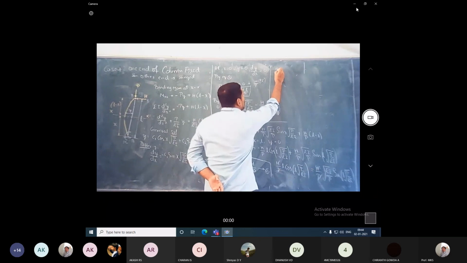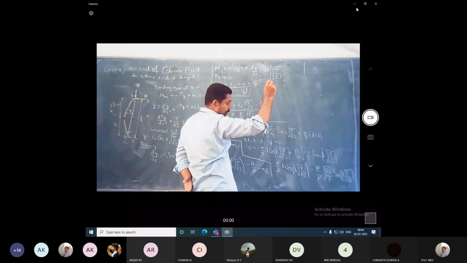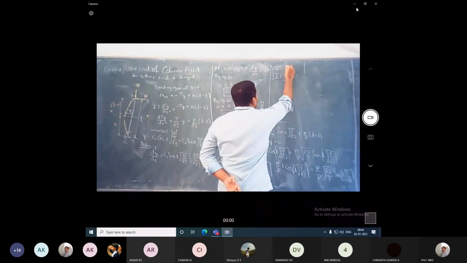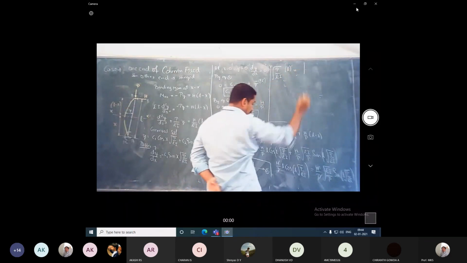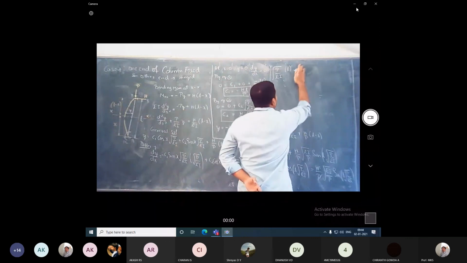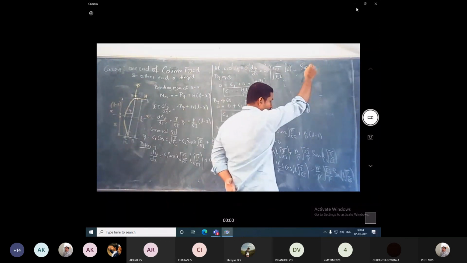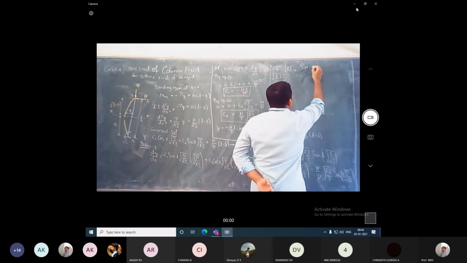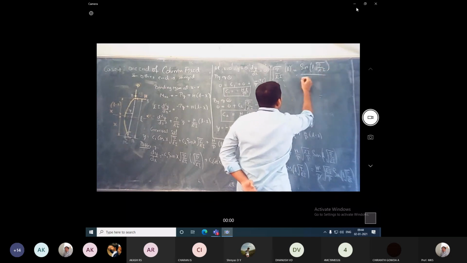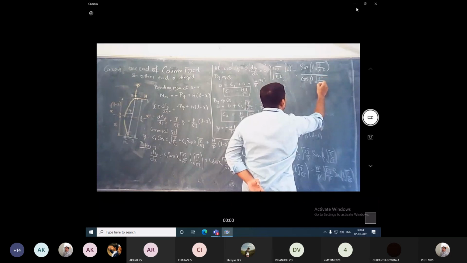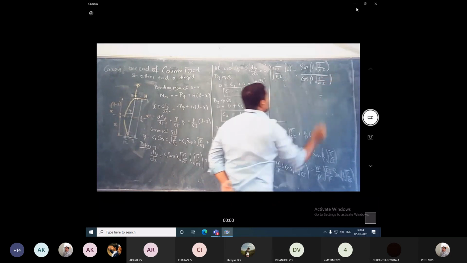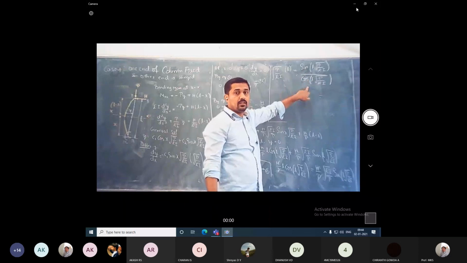So it will be root of p by EI into L will be equal to sin(L root(p/EI)) divided by cos(L root(p/EI)). It is like sine theta by cos theta, right?